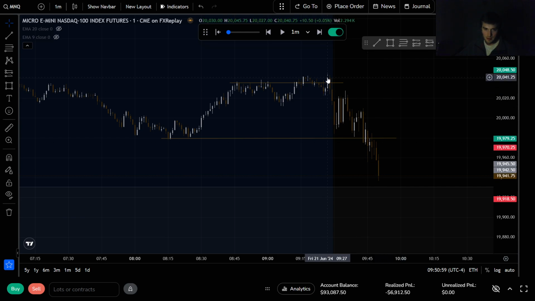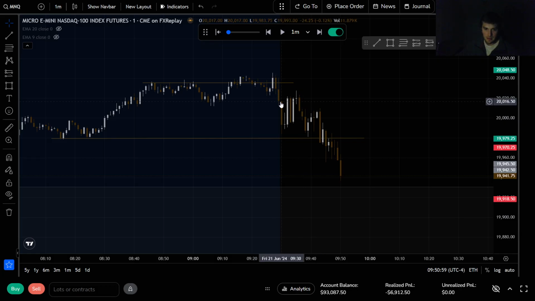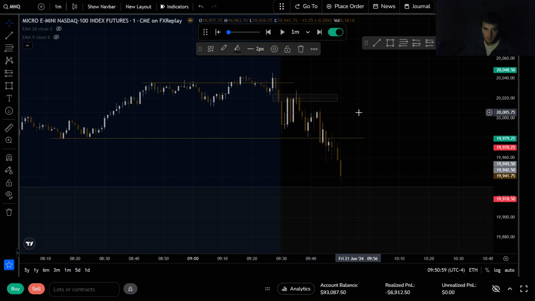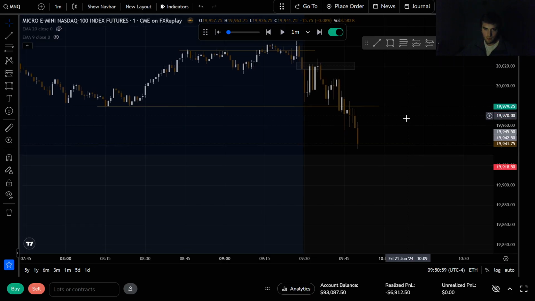So this is manipulation to the upside. This is displacement to the downside. We come up and we respect this fair value gap. And then we continue to close.